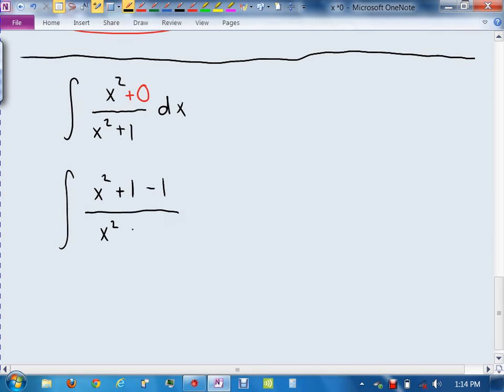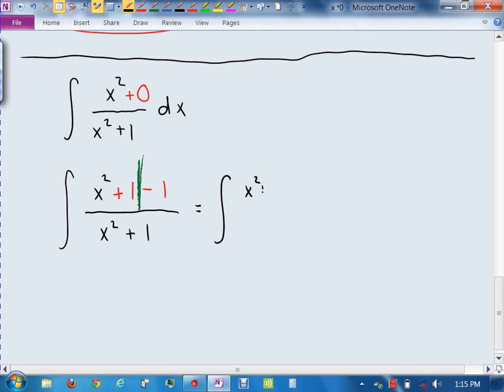Isn't x squared plus 1 minus 1 the same as x squared plus nothing? That's still 0, right? That plus 1 minus 1. But by doing it that way, I can now break up my numerator right down here. Just split it and do the first two terms over the denominator, second term over denominator. You see that? And watch what happens.